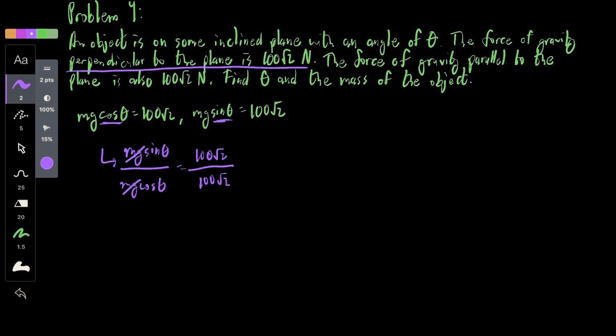Now mg gets cancelled out, 100 square root of 2 cancels out, and sine theta divided by cosine theta is equal to tangent of theta. So tangent of theta is equal to 1. That means theta is equal to the tangent inverse of 1. And by knowing our identities, we know that theta is equal to 45 degrees.